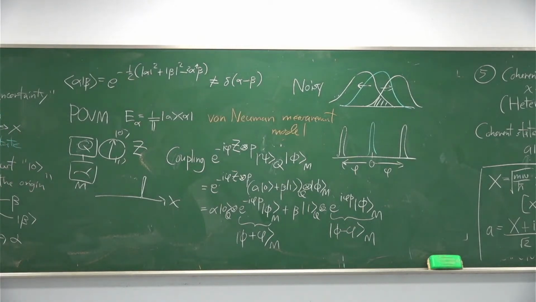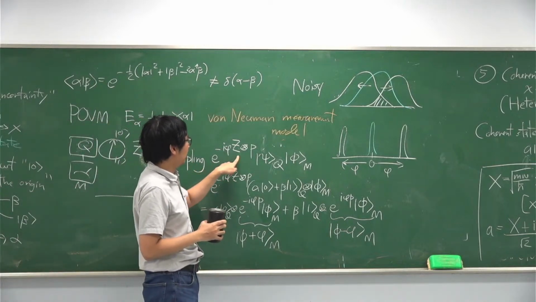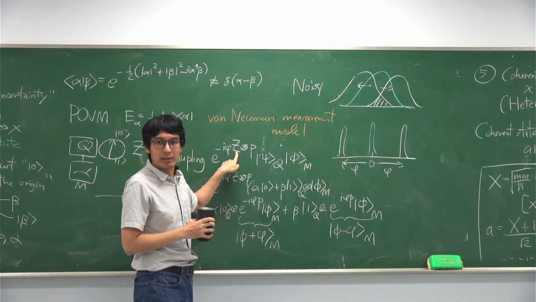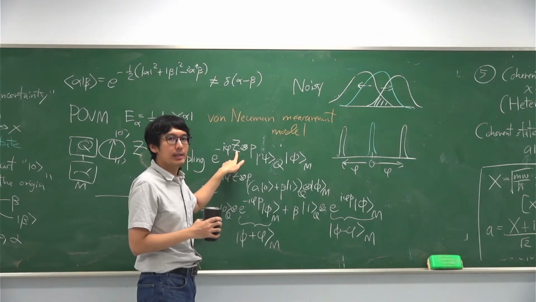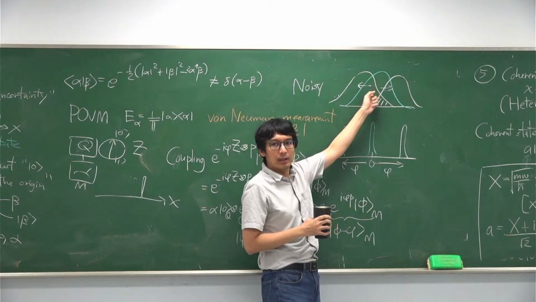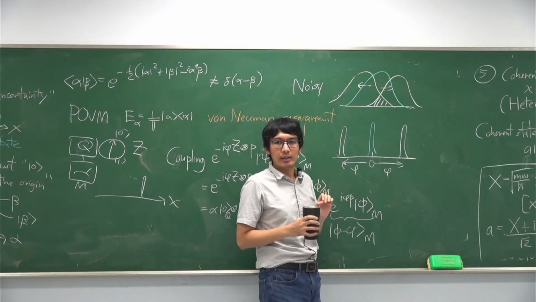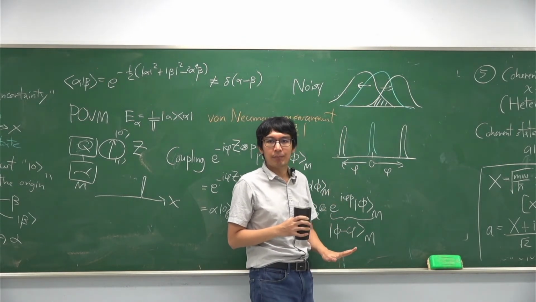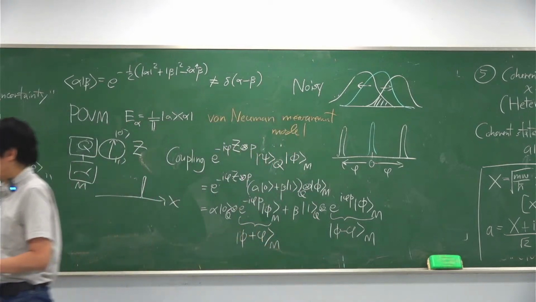But if you want to go beyond that, if you want to make measurements that are continuous in time, in the sense that there is a time to turn on the interaction between the quantum system and the meter, at the end we still say that I just make an instantaneous measurement of the meter.